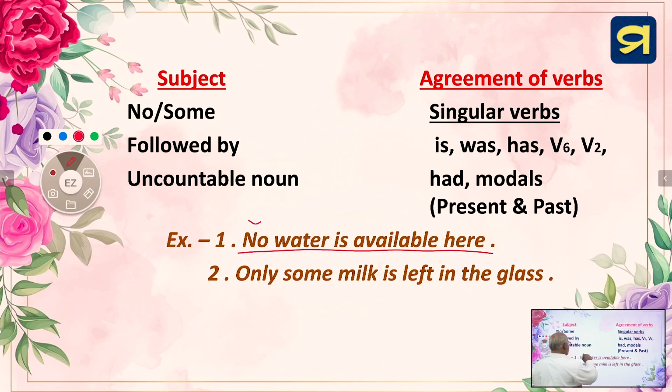The sentence begins with no, and water is an uncountable noun, so it takes the singular verb is. In example 2, only some milk is left in the glass. The sentence begins with only some, and milk is an uncountable noun, so it takes the singular verb is.